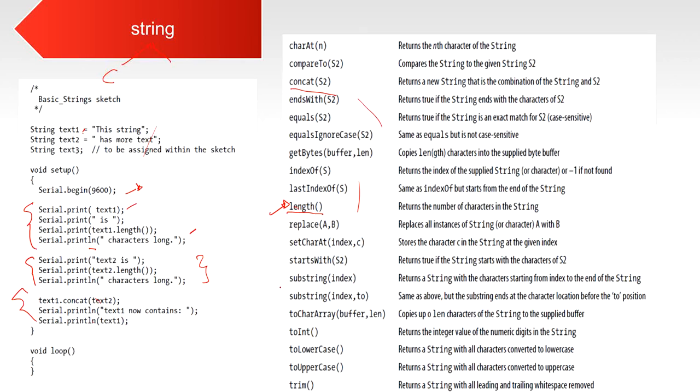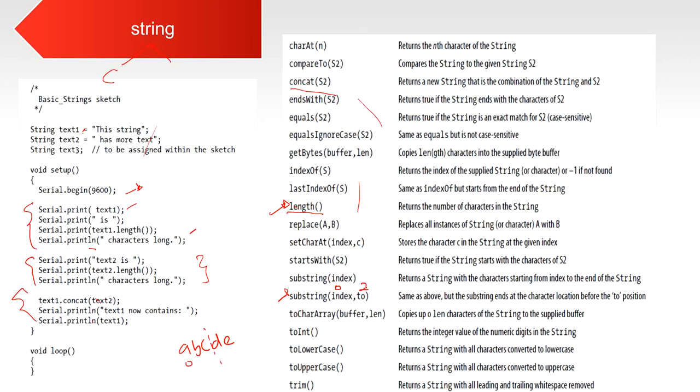And then the next part is the substring. Substring is, let's say we have a longer string, A, B, C, D, E. If we wish to extract just A, B, C, what we can do is put substring. The starting location here will be 0, and then 2, 1, 2.